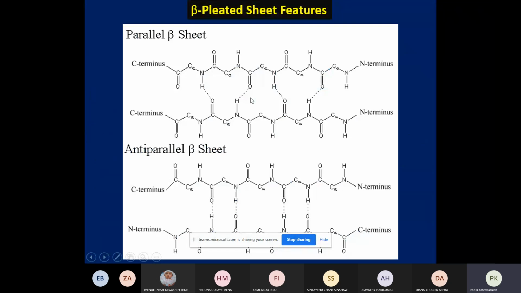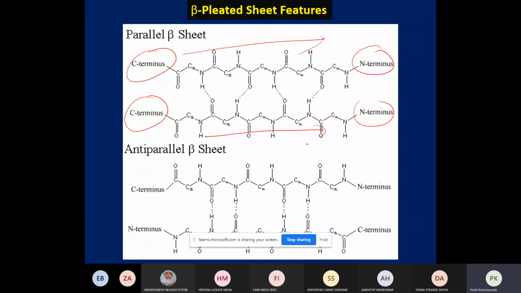In the parallel beta pleated sheet, the two polypeptide chains run side by side in the same direction. You can notice here that this is C terminus and C terminus, this is N terminus and N terminus. That means both polypeptide chains are running in the same direction. Then it is known as the parallel beta pleated sheet. Whereas if they run in opposite directions, C to N and N to C, but these two are connected by the interchain hydrogen bonds between the carbonyl oxygen of one polypeptide and the amide hydrogen of another polypeptide.